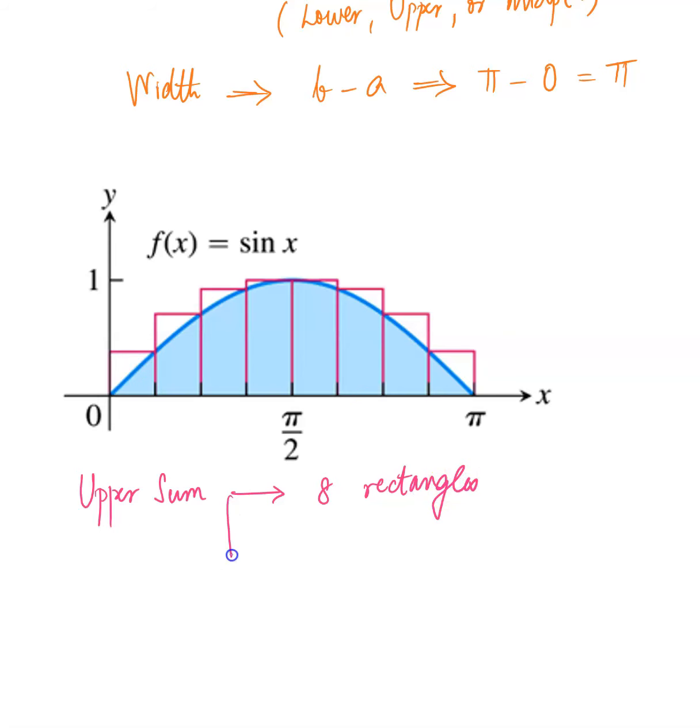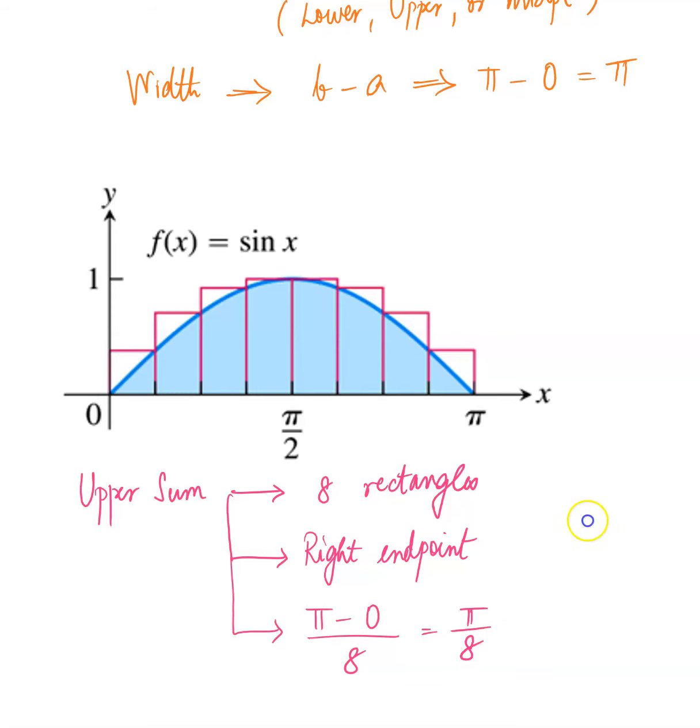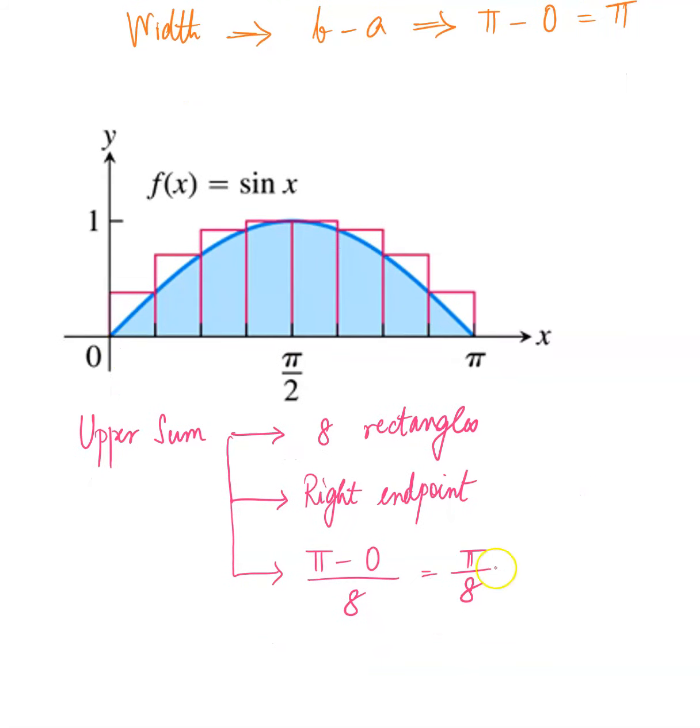Upper sum means we have to use the right endpoint, and if it's 8 rectangles, then we are dividing this region, pi minus 0, into 8 parts. So it's going to be pi over 8. That will be the width of each rectangle.